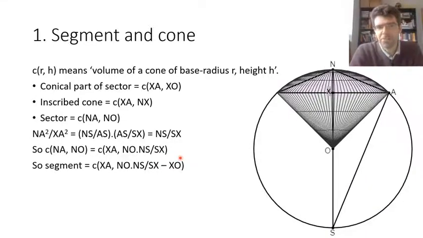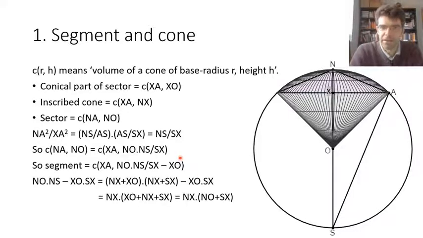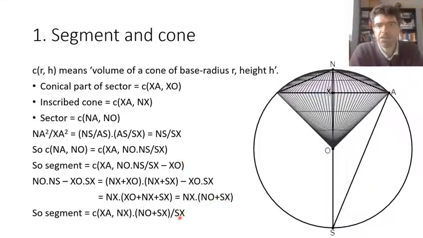Now, it's not a very pleasant expression, but if we unpack it and do some fairly basic algebra to the expression for the height of this cone, what we find is it reduces to Nx times No plus xs over Sx. So that allows us to conclude that the ratio of the segment to its inscribed cone, which is C xa and x, can be described using this ratio NO, the radius, plus Sx to Sx.